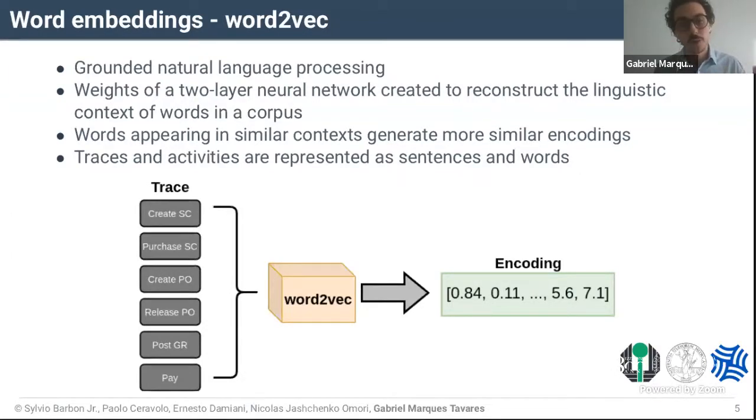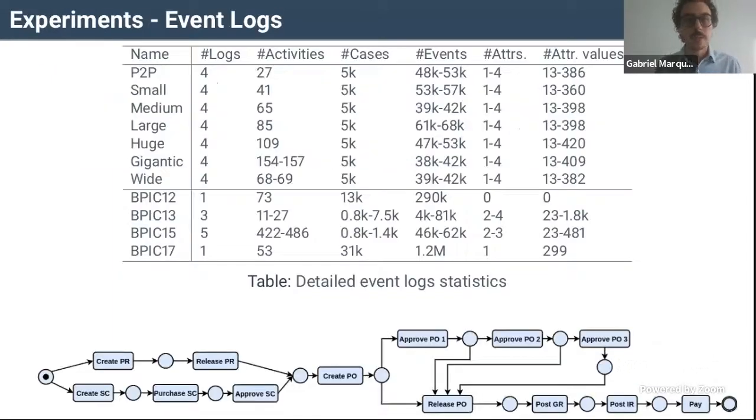So overall, our method is based on a self-supervised technique, word2vec, in conjunction with one-class classification algorithms to detect anomalies in business processes.